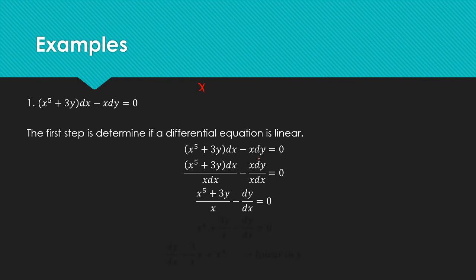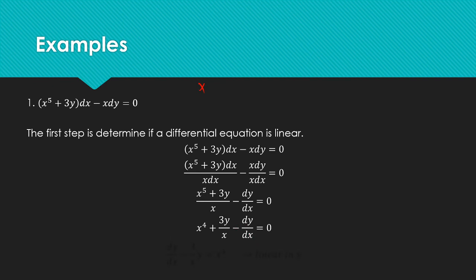So, next na gawin natin, kailangan makuha natin yung y, di ba? So, para makuha yung y, hiwalay natin to. Pag pinaghiwalay natin yan, magiging x raised to the 5th over x, that's x raised to 4. Tapos 3y over x, that is 3y over x pa rin, minus dy over dx.